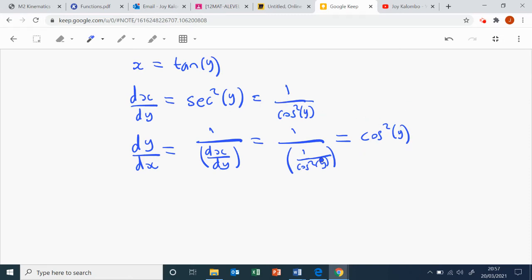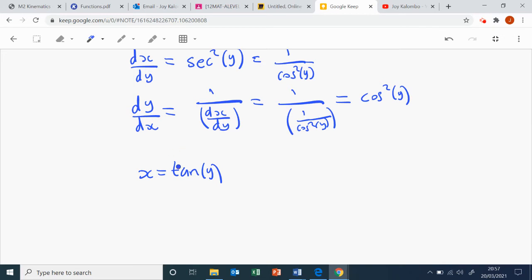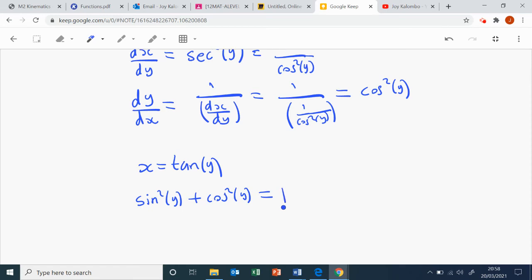It's nice, we've got it in terms of y, but we can do better. We know that x is equal to tan y, so we want to use this fact to work out what the value of cos y is in terms of x. Well, one thing that we do know is that sine squared y plus cos squared y is the same thing as 1.